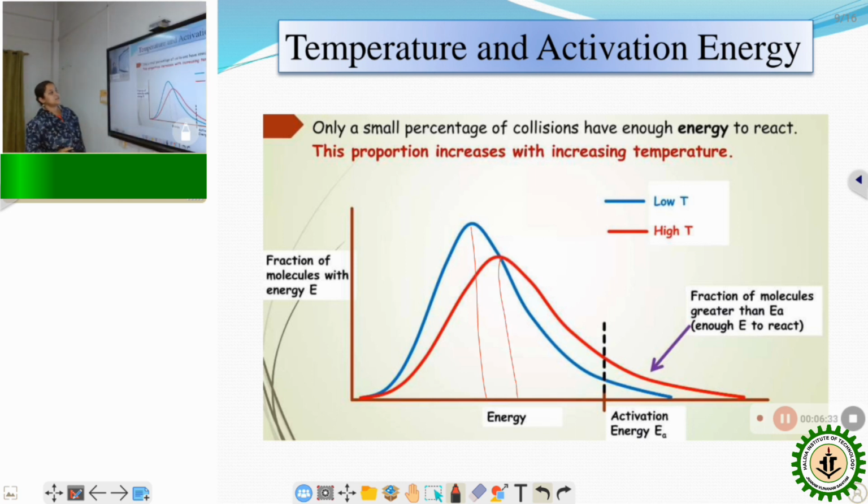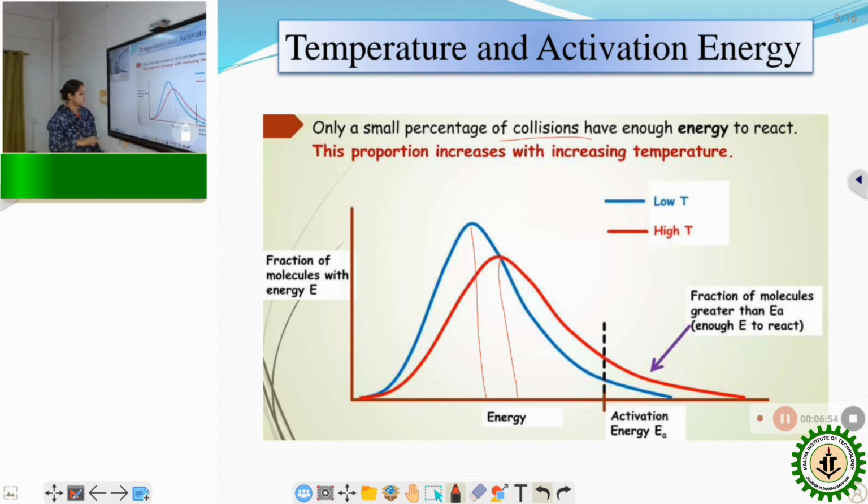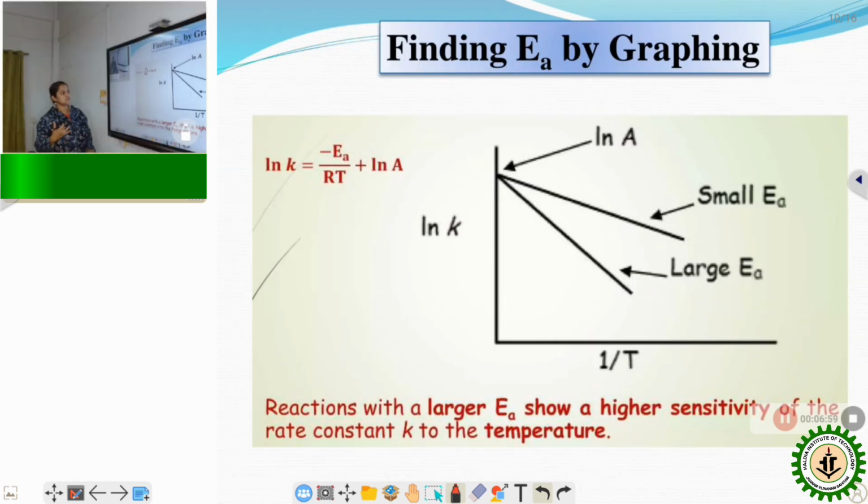This means the activation energy is getting a little bit lower when we increase the temperature, but the number or percentage of molecules having this higher activation energy is becoming more and more. Therefore, as we increase the temperature, there is more collision, and therefore there is a decrease of activation energy. Therefore, the reaction is getting faster.